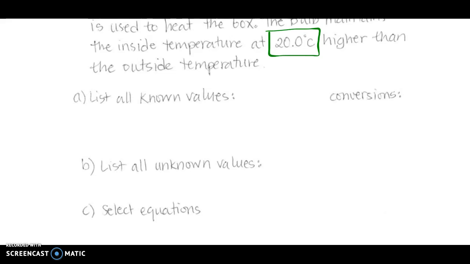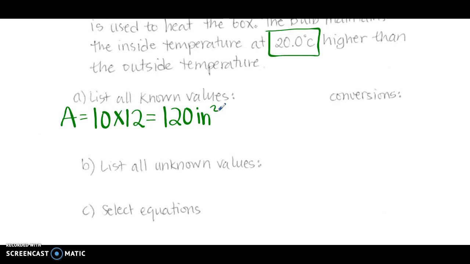So let's list all of our known values. We know the area of the box. We have a 10-inch by 12-inch area, which is 120 inches squared. The area needs to be given in meters squared. So what we need to do is convert from inches into meters.